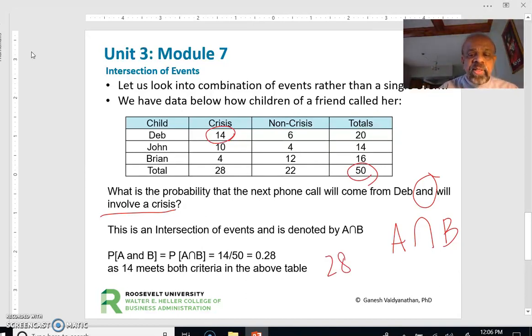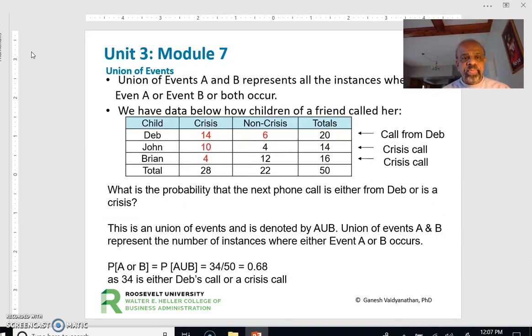So 28% of the time is what we are talking about. A 28% probability that the next phone call will be a crisis call from Deb. That is a call from Deb and will involve a crisis. Okay, that is 28%.